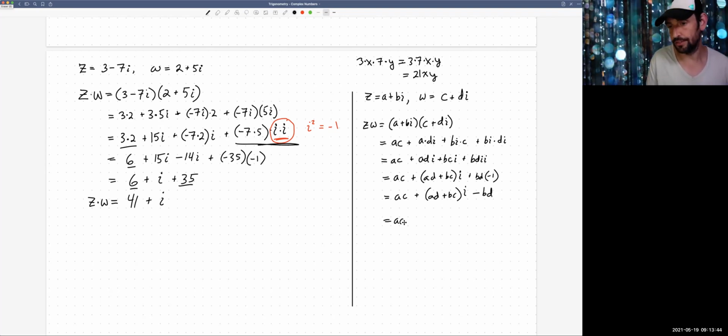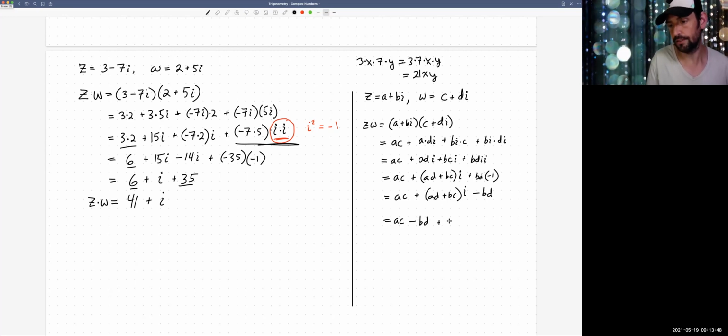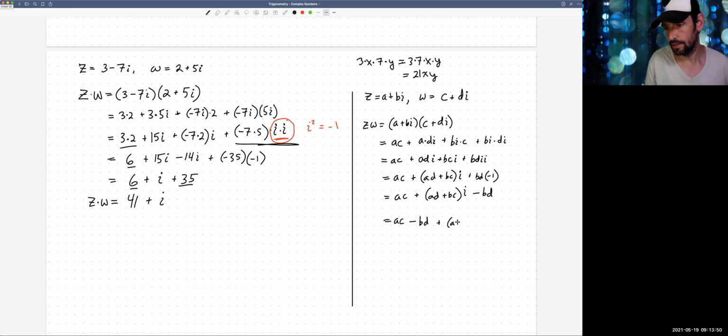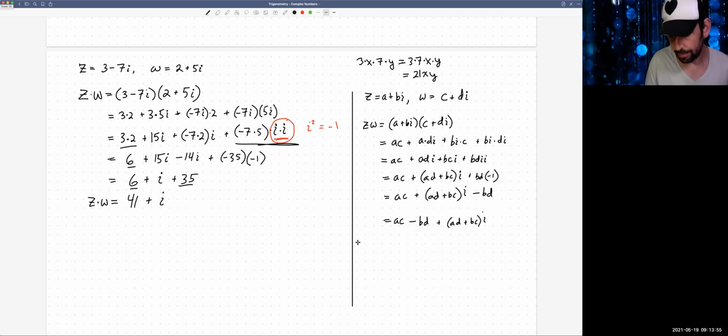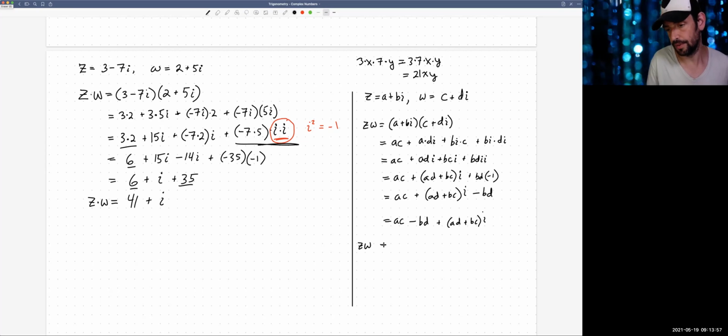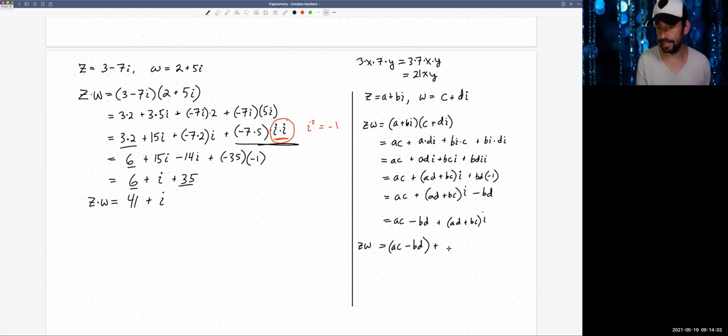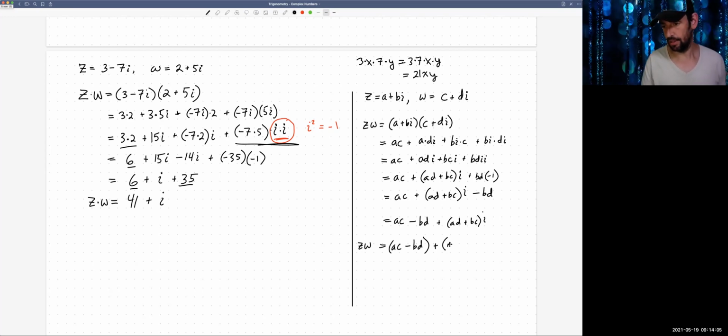Let's bring that to the front, or almost to the front. So what we end up with is that zw is equal to, I'm going to put parentheses in here just to make things very clear, ac minus bd plus (ad plus bc)i.